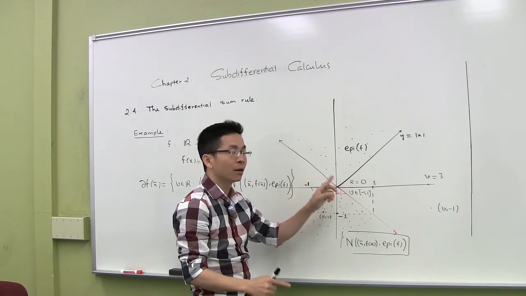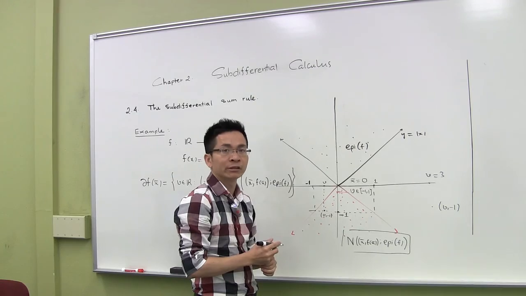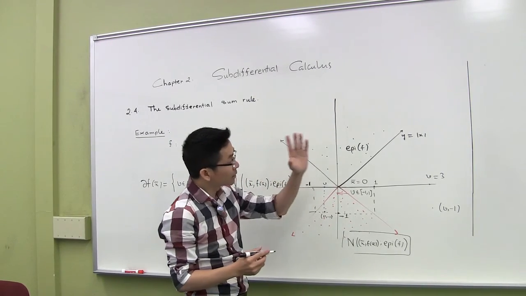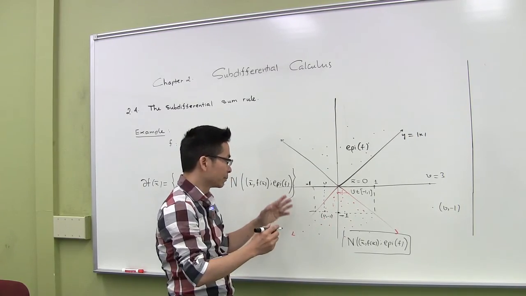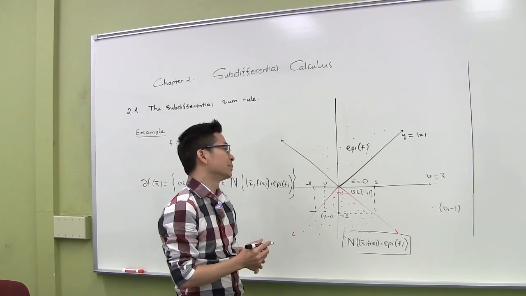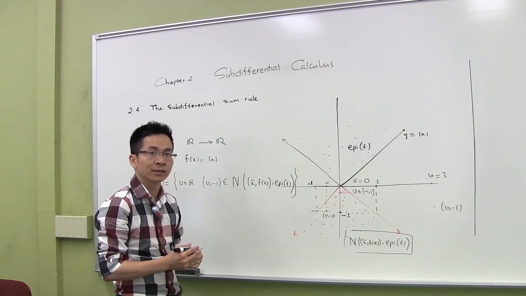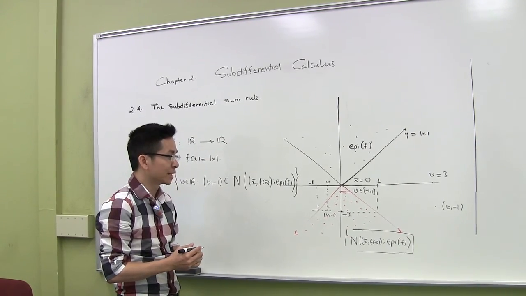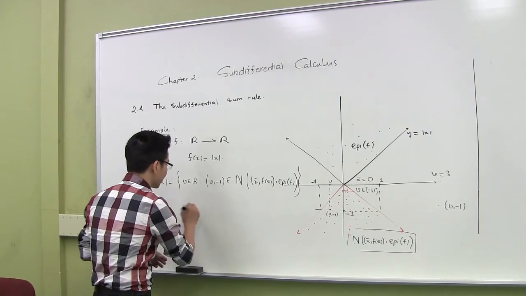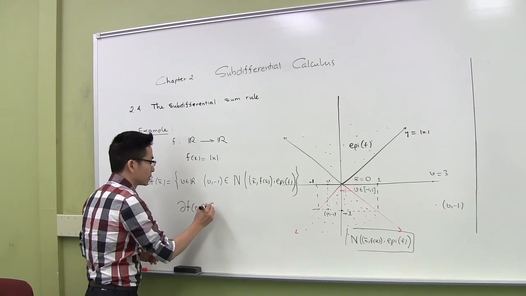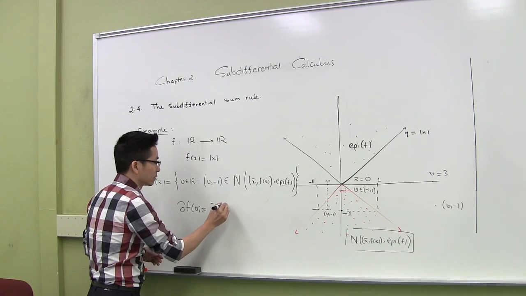Therefore, v belongs to the subdifferential of the function at 0. So from the proposition, we obtain the formula for the subdifferential of the absolute value function at 0 obtained earlier. That means the subdifferential of the function f at 0 is the closed interval minus 1, 1.